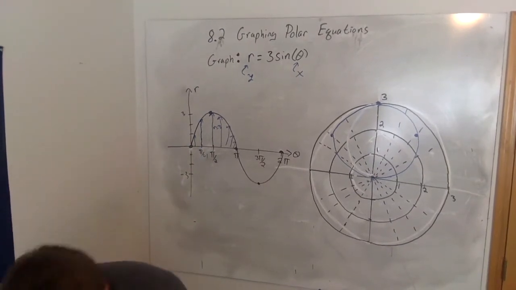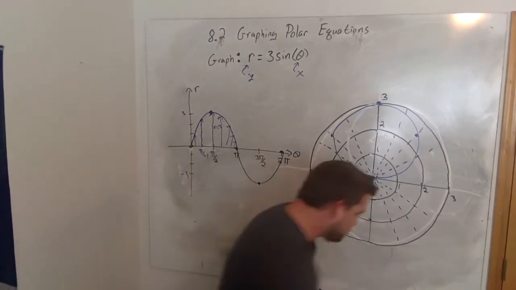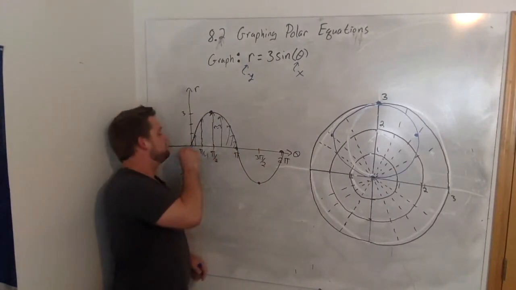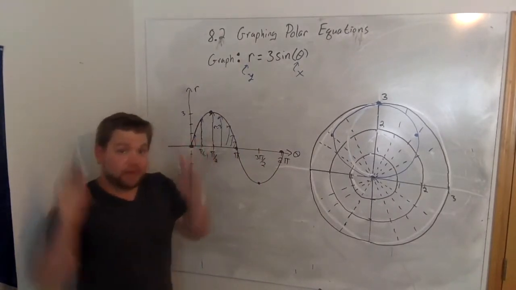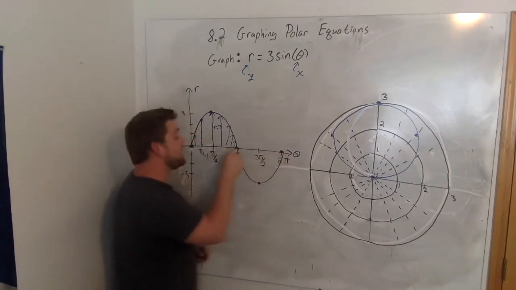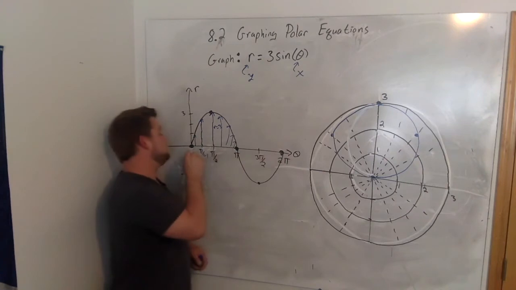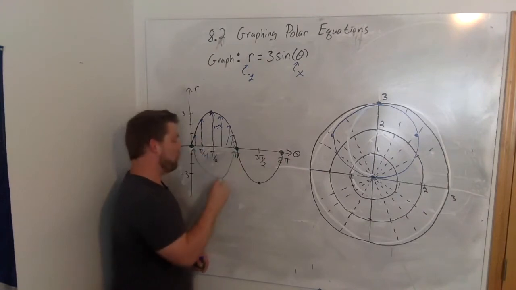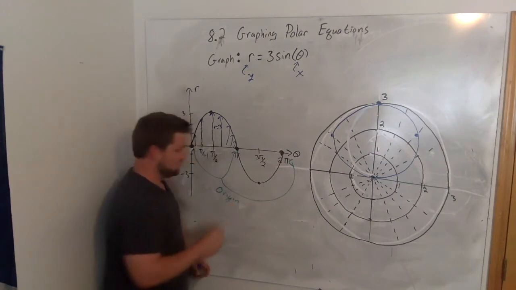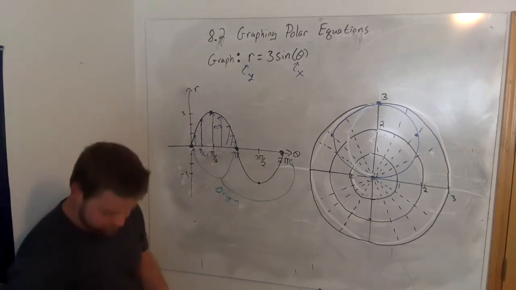Now, what I would like to make note of is that wherever you see an x-intercept or a theta intercept, this is when the radiuses are 0. These correspond to the origin.